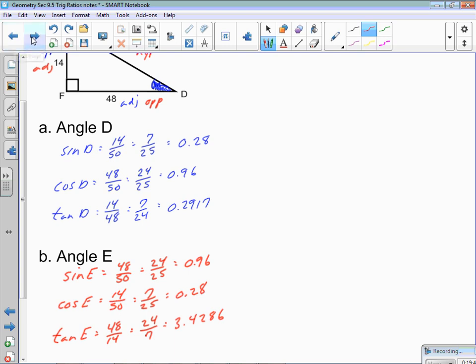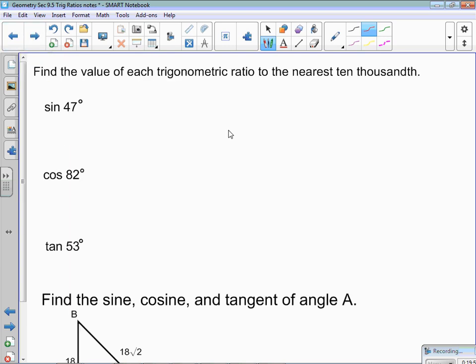All right. So next up, we want to find the value of each trigonometric ratio to the nearest 10,000th. All right, so 10,000ths is how many decimal places?